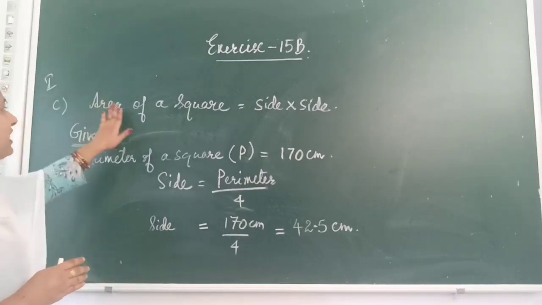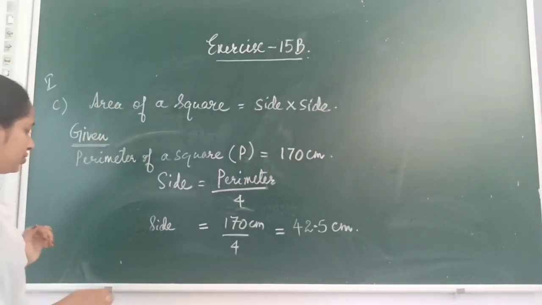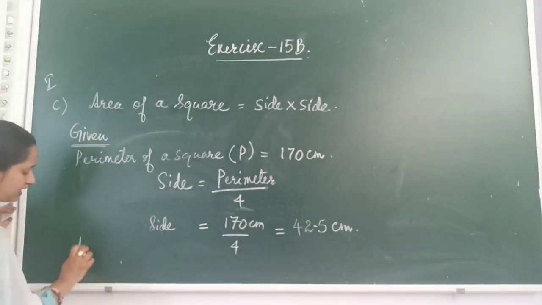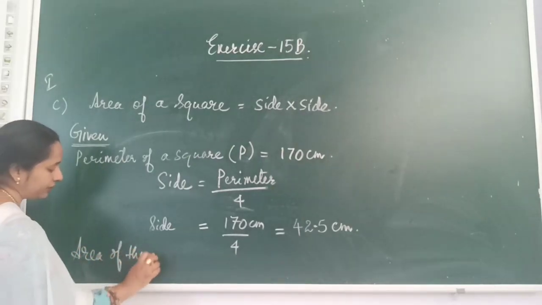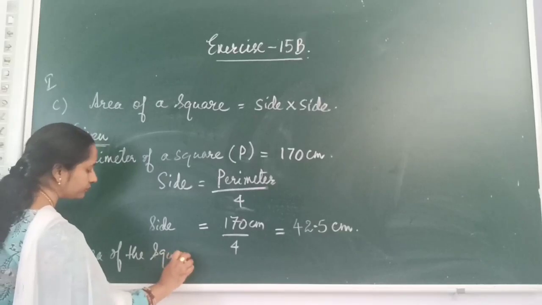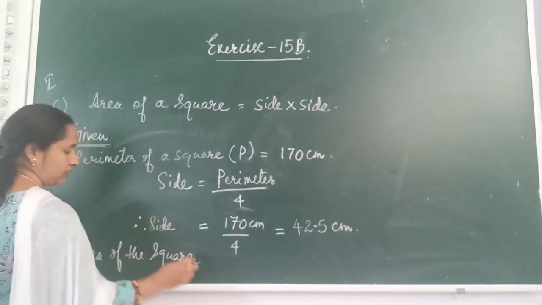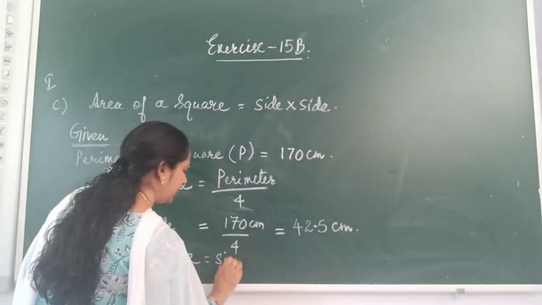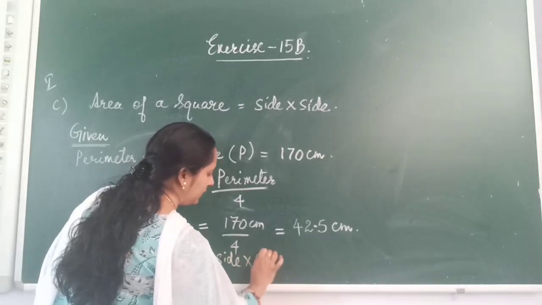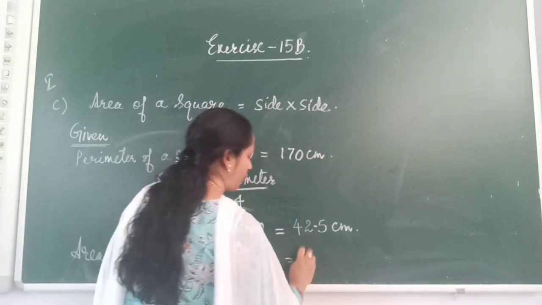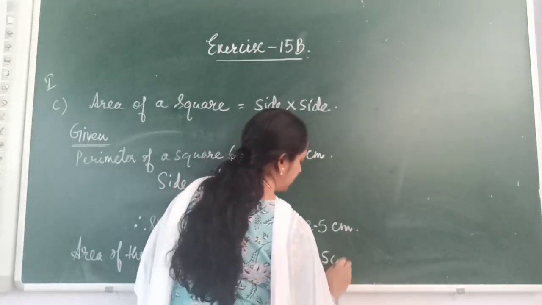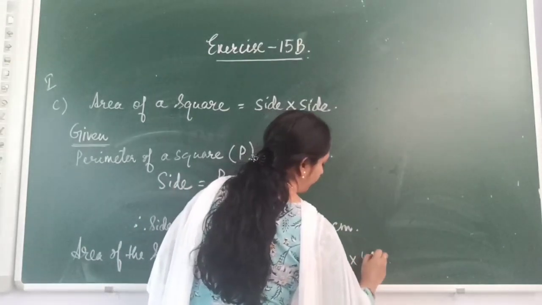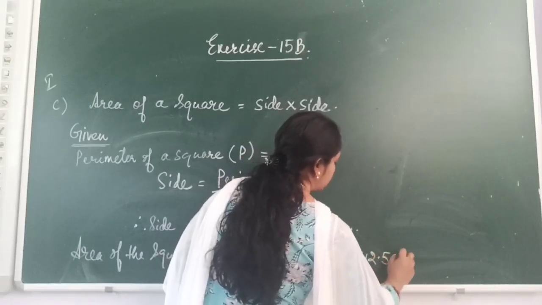Now what do we need to find? We need to find the area of the square. Area of the square is equal to side multiplied by side, that is equal to 42.5 centimeter multiplied by 42.5 centimeter.